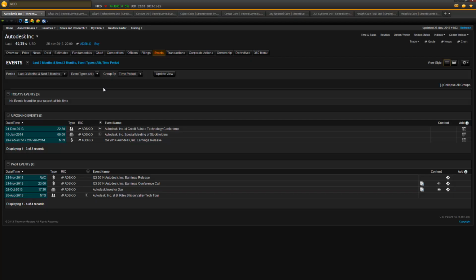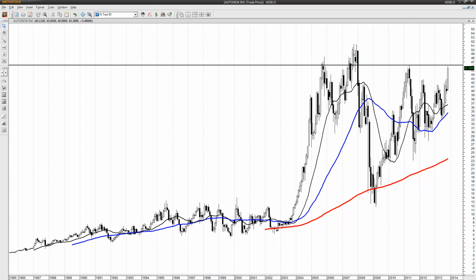As always, I'm checking if Autodesk has any earnings, because you don't want to take a trade in a stock and then hold it over an earnings decision. When the market opens, it could gap 5, 10, 15% not in your favor. That's not a good way of trading. It's a lot of risk involved.